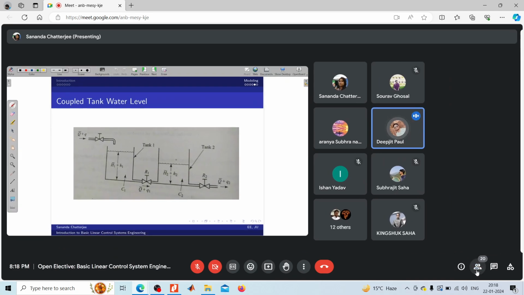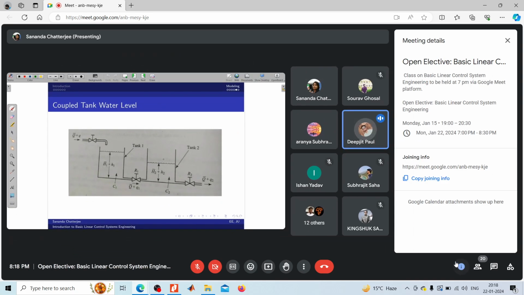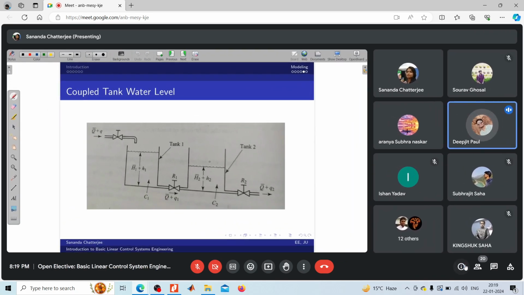Actually, ma'am, the first tank was involved because when the apparatus was idle, the entry flow rate, q bar plus q, was continuous, and in that case there was a drainage pipe through which the extra water flowed out. Very good.